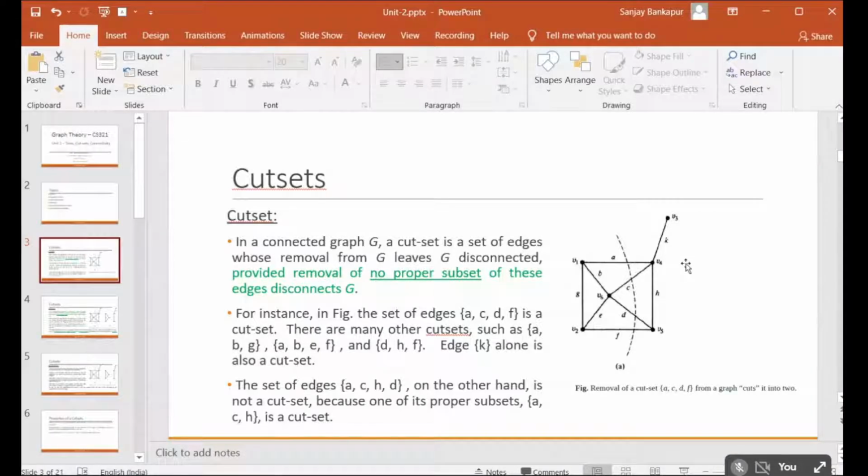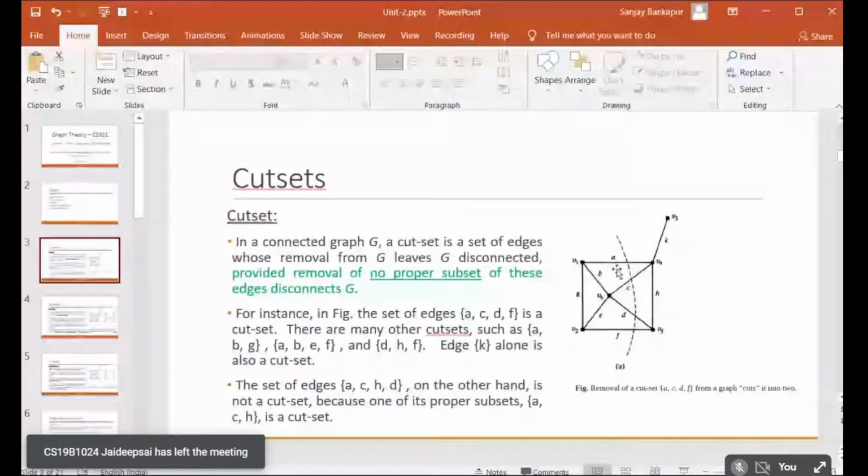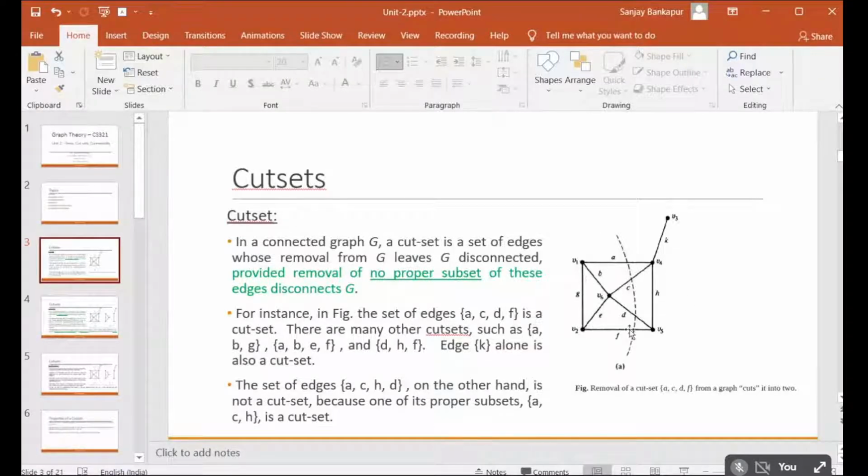However, when we spoke about some constraint, we'll look into that constraint in more detail now. The set of edges A, C, H, and D: A is this, C, and H, and D. Removal of these 4 edges, yes, disconnects the given graph into V1, V2, V3 on one side, and V4 and V3 on the other side.